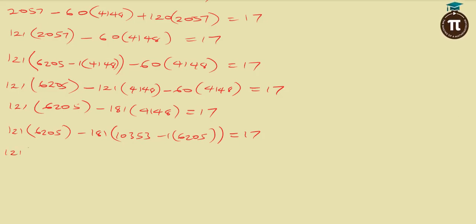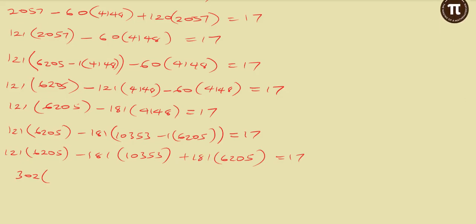So 121 multiplied by 6205 minus 181 multiplied by 10353 plus 181 times 6205 is equal to 17. Now I'm going to add this together. 121 plus 181 will give me 302. 302 multiplied by 6205 minus 181 times 10353 is equal to 17.